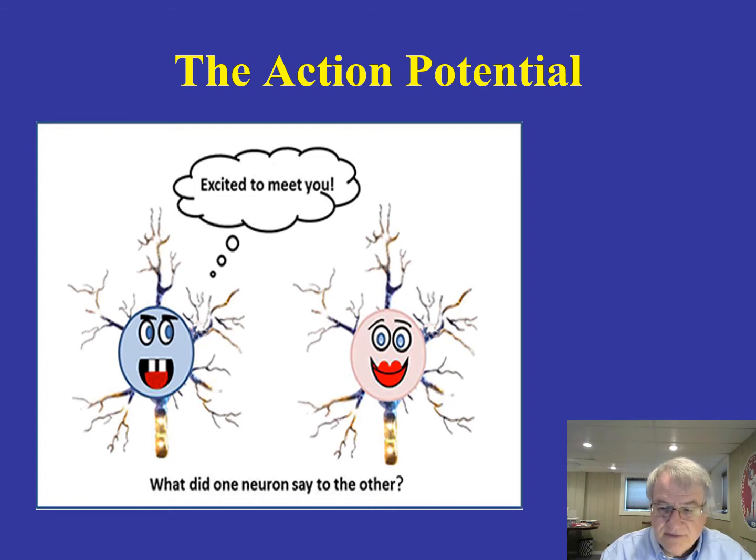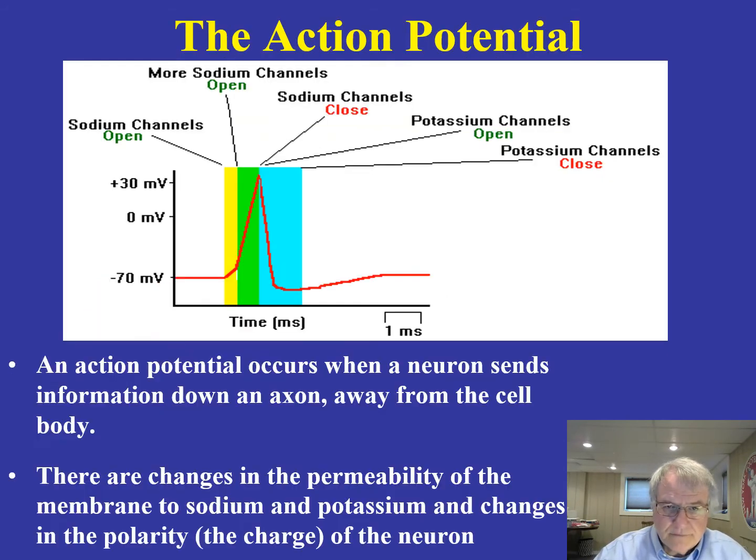So the excitation of the central nervous system is really dependent upon what is happening in these neurons in terms of the action potential. So it's important that we understand some of the basic features. This is an important figure that really outlines some of the things that we're going to be talking about as we go along.